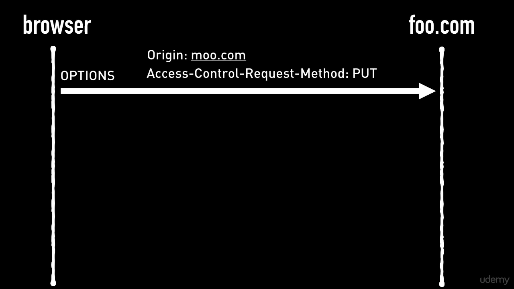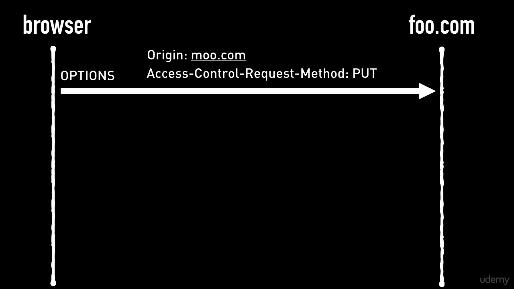It would still set the origin as moo.com, the same as if it was sending a GET request, but it would additionally send another header called Access-Control-Request-Method, with a value being the method that it eventually wants to send to the server. So in our example, we eventually want to send the PUT.